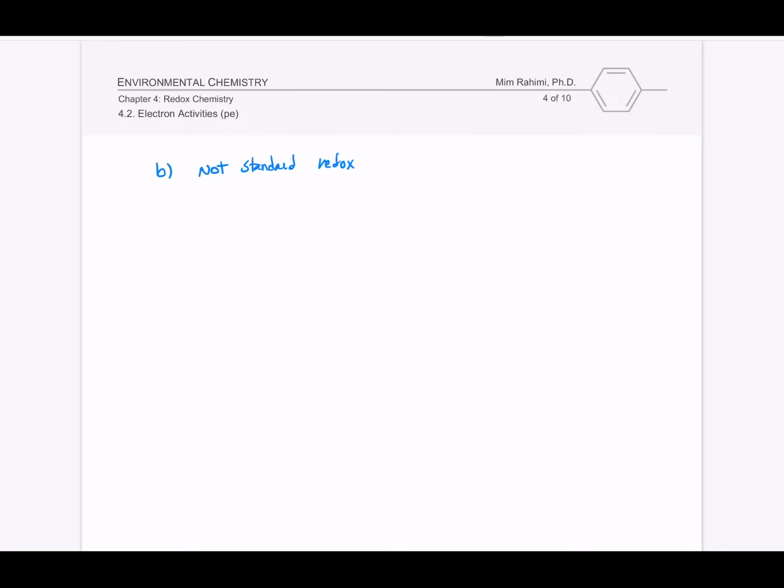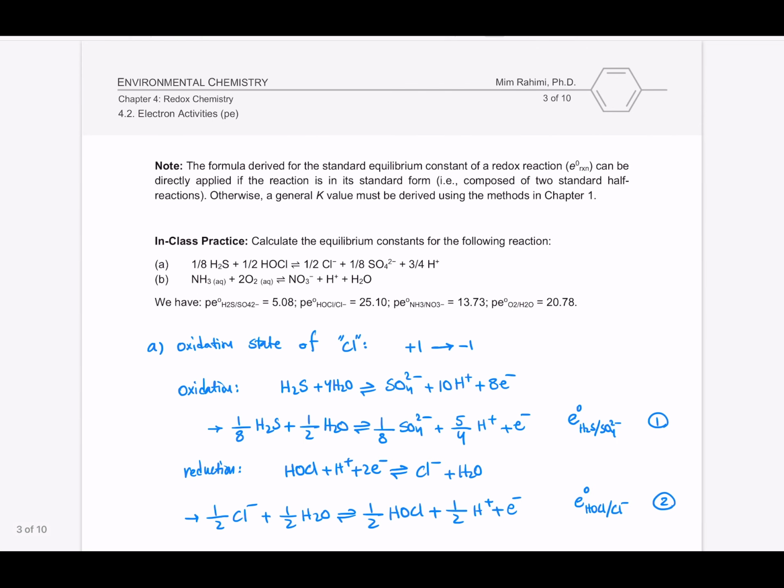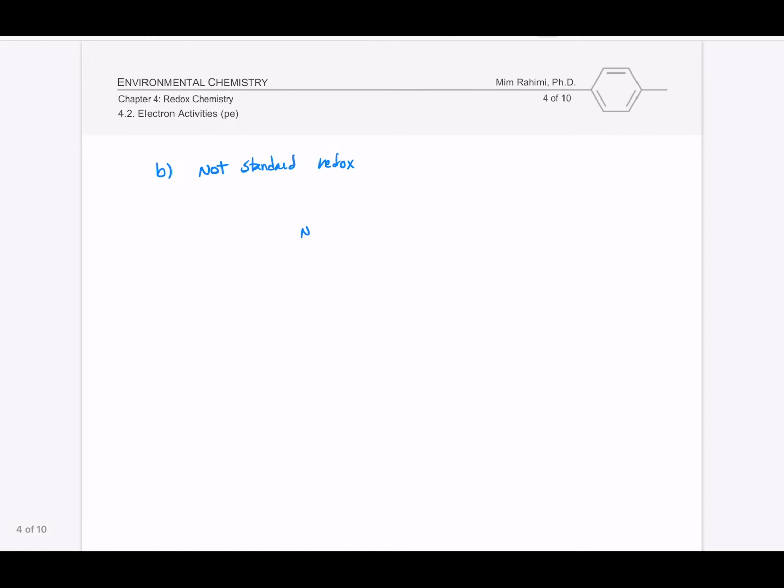Again, first we need to know what is reduced and what is oxidized. It seems in one pair we have ammonia and nitrate, and on the other one we have oxygen and water. So quickly we can look at the nitrogen oxidation state to identify whether this was oxidation or reduction.